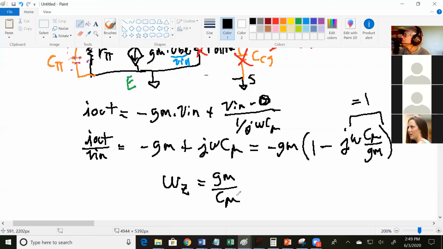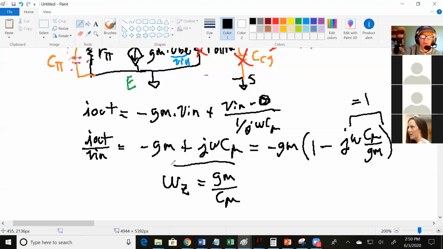Each time you could do small signal analysis to find the 0 of your common emitters or your gain stages, but you can pretty much just memorize this equation, just like you memorize the resistance at a collector's RO, the resistance at an emitter's 1 over GM. You can memorize it like that.